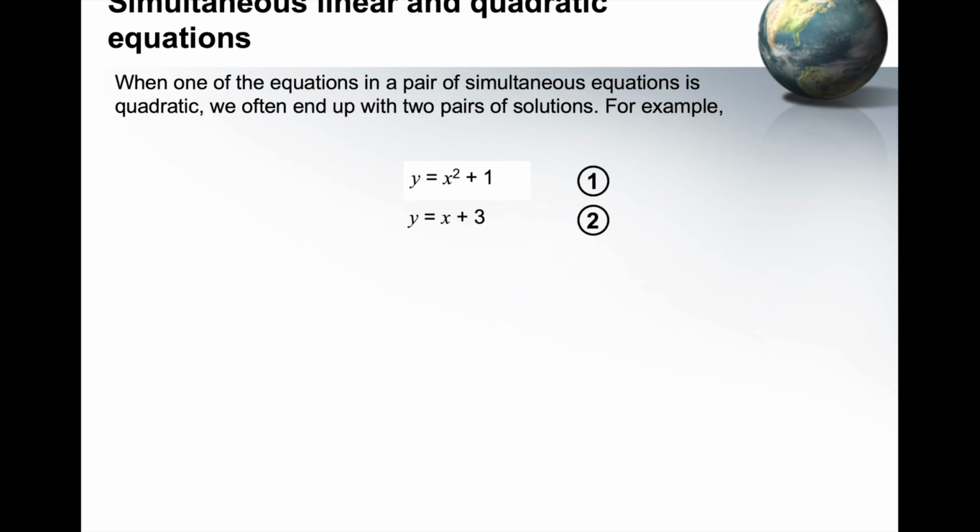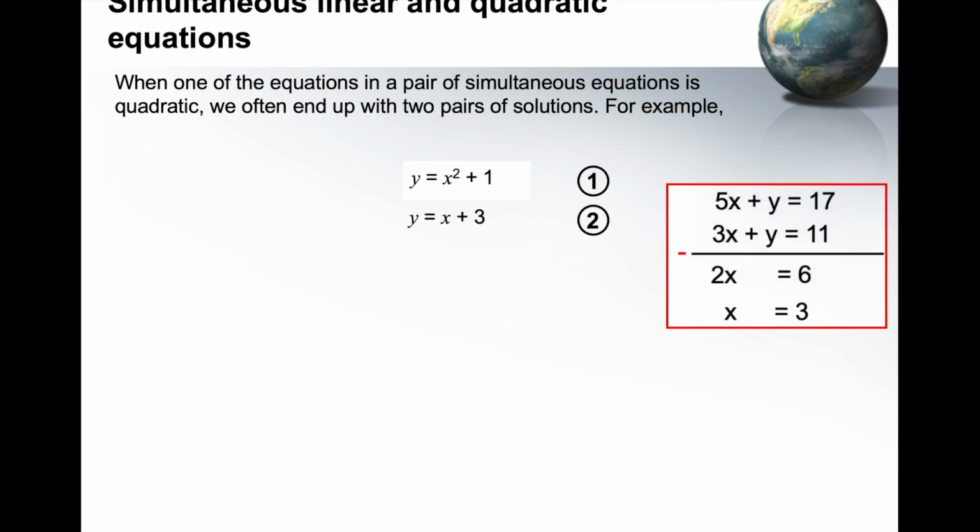Okay, in this example, you should notice that there is an x squared in equation 1, which is different to the previous examples where everything is linear. Linear means power of 1. Here x has a power of 1, y also has a power of 1.